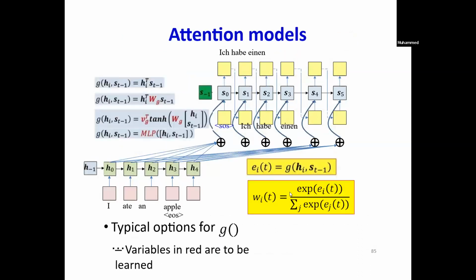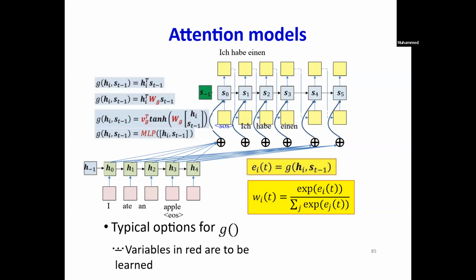So what is G? There are obviously multiple candidates for G. You can see here, we can take G to just be the dot product between the hidden state in the input and the hidden state in the output.